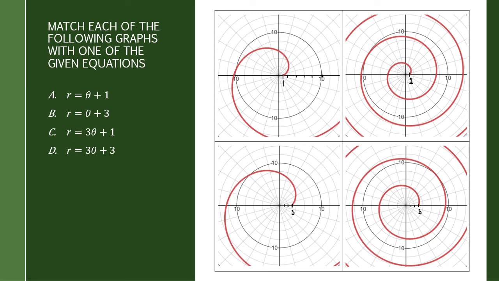So remember that that starting radius comes from the b value in the equation. So these first 2 have a b value of 1. These bottom 2 have a b value of 3. So that is going to match equations A and C versus equations B and D.